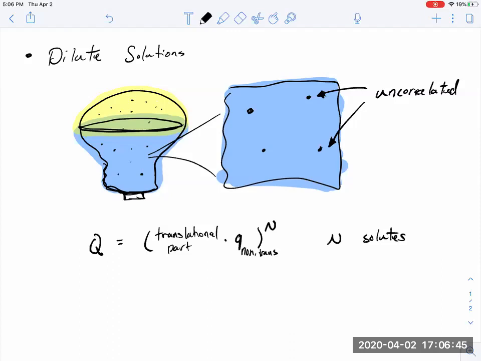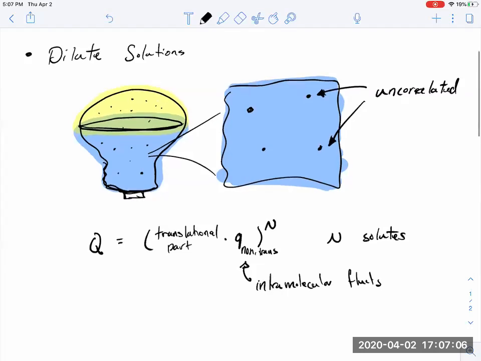In this component here, we're going to imagine storing all of the intramolecular fluctuations, things that have to do with, say, the orientation or vibrational state the molecule might be in, as well as any interactions with the solvent.